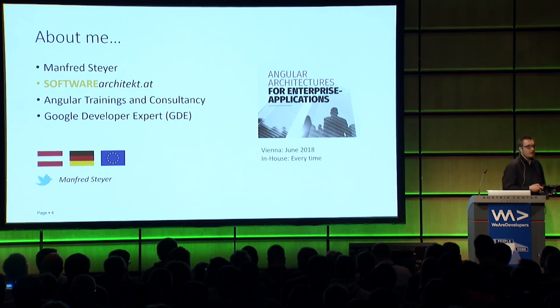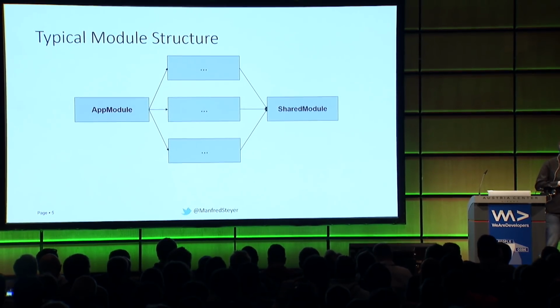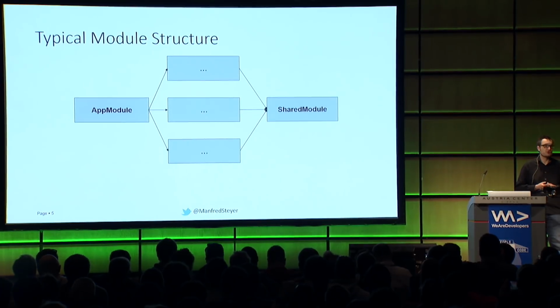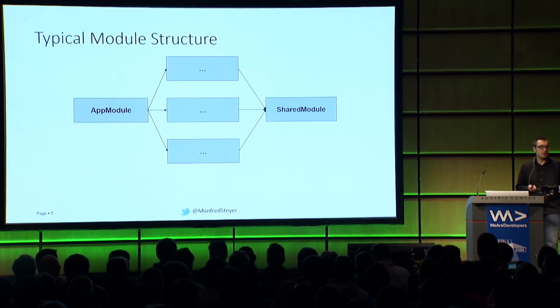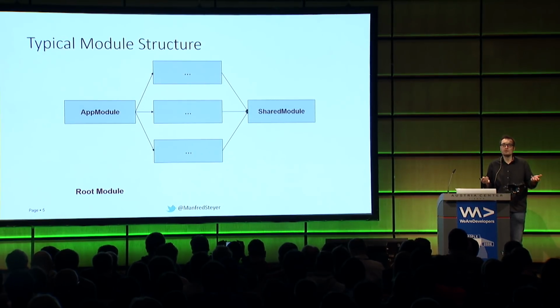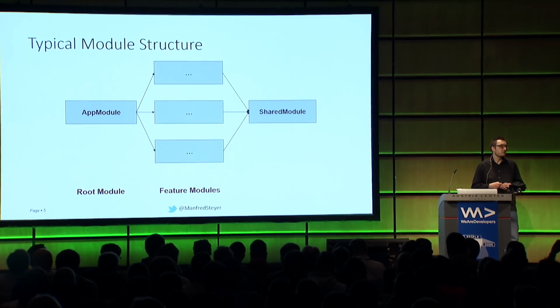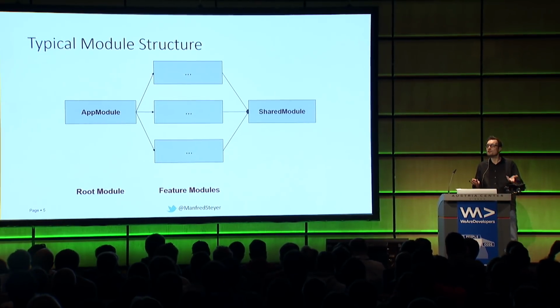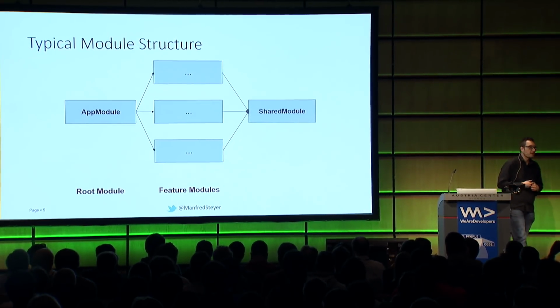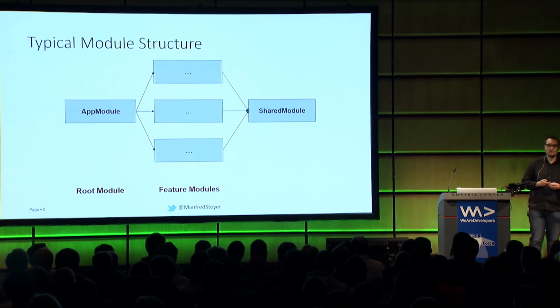So I want to start with a picture. This picture shows in a simplified form the typical module structure of an Angular application. Normally we have something like a root module that is called app module most of the time. We have something like feature modules. Each use case gets a feature module, and when the use case is too big, we can split it down into sub-feature modules.